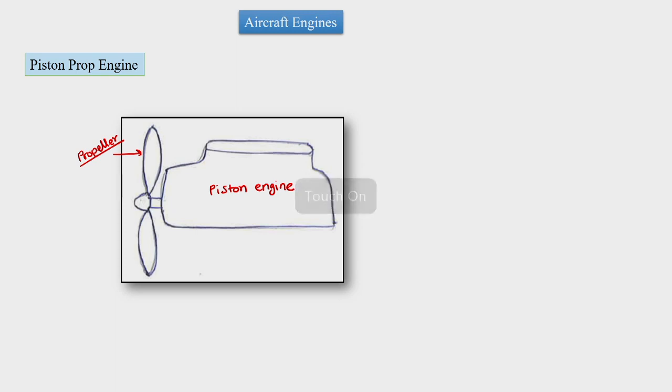So this engine is piston prop engine. Basically here we are not having any jet to produce the thrust. Here thrust is produced from the propeller.